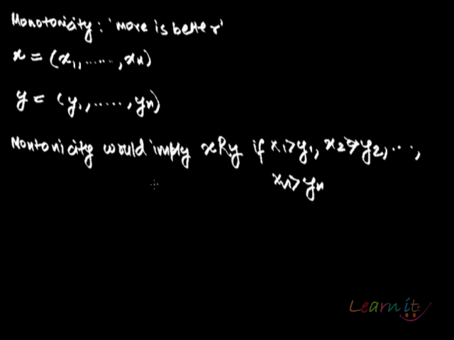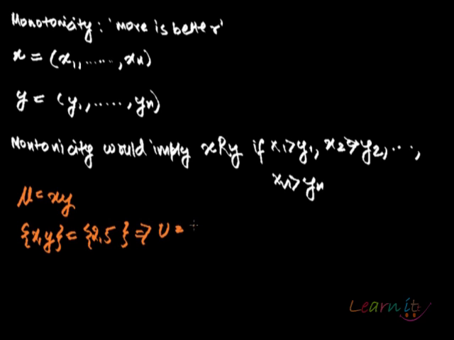I'll tell you the reason why. Let me give you one example. Say utility is equal to xy, and suppose xy is equal to, say, 2, 5. In that case your utility would be equal to 10, because 2 into 5 is 10.